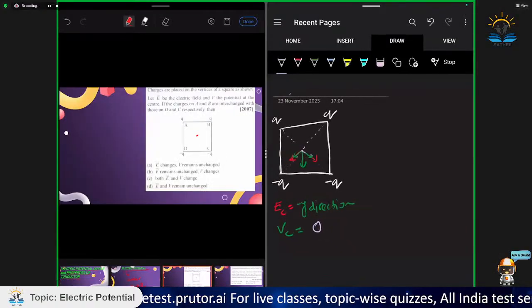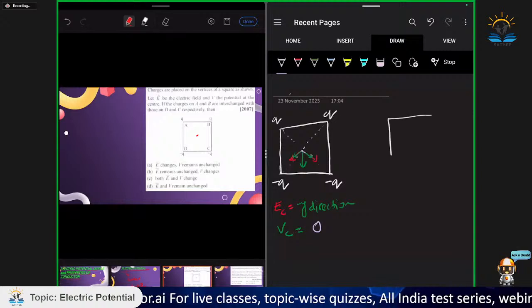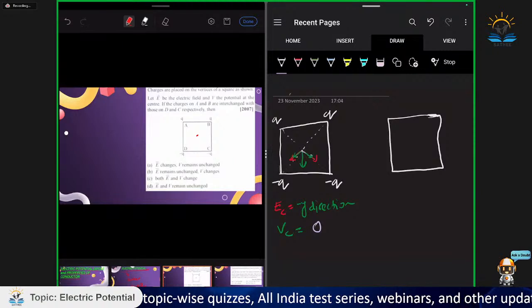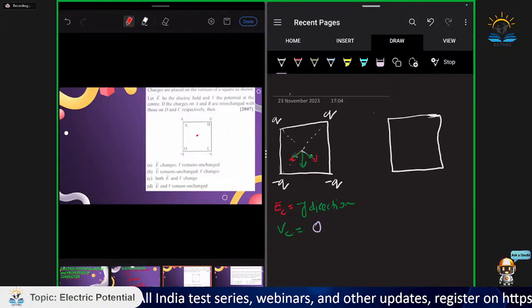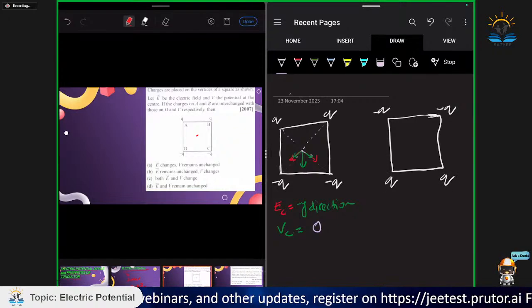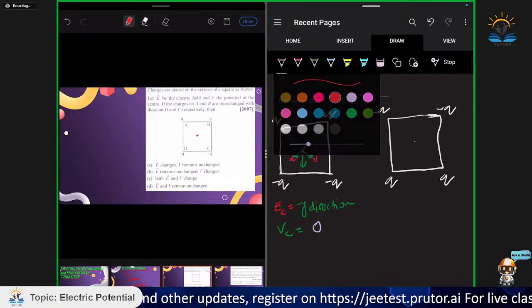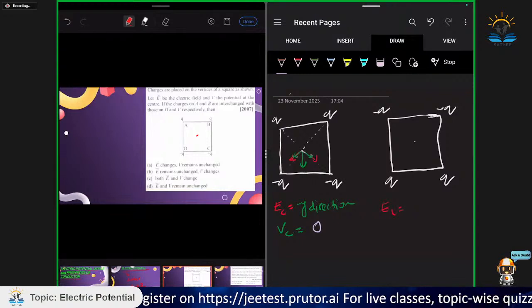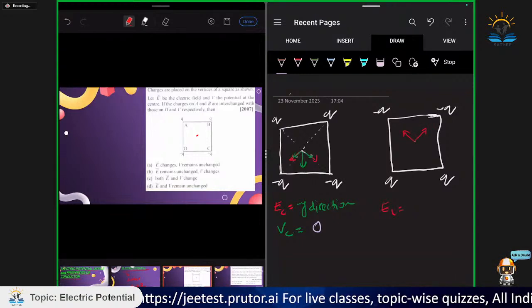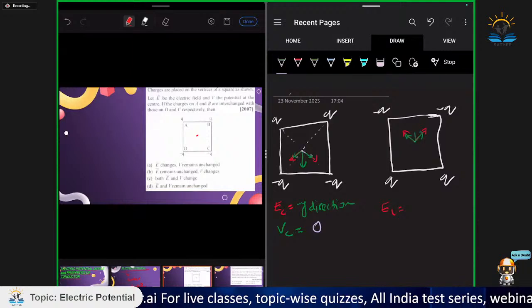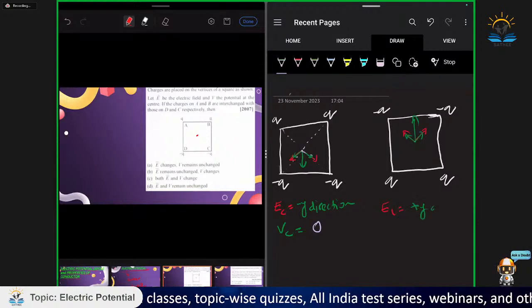And in the second case, they interchanged the charges. Means A and B are interchanged with those on D and C. So minus Q will come here, minus Q will come here, plus Q, plus Q. So the electric field at the center will be towards minus Q, and due to plus Q, repulsion. So the net electric field will be towards the plus Y direction.